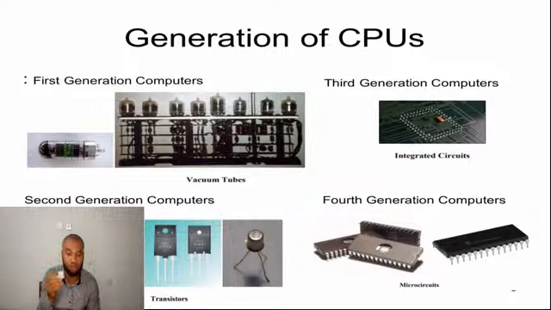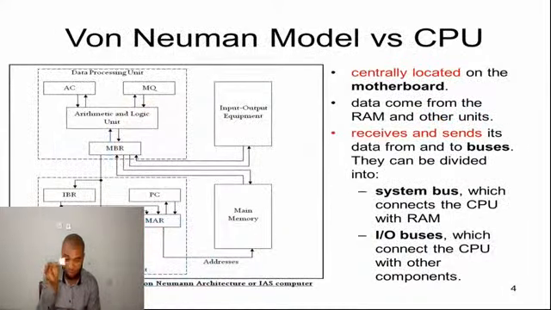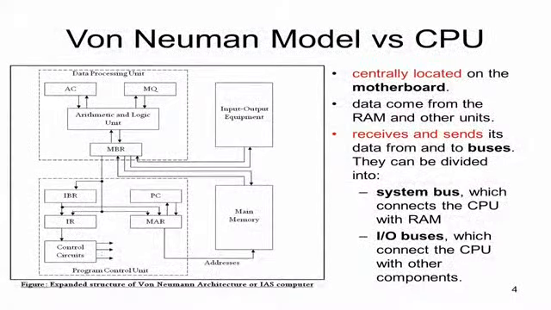It's now time for us to look at the CPU itself, the working of the CPU. Okay, so it's important that we talk about the von Neumann model. This von Neumann model is an architecture.